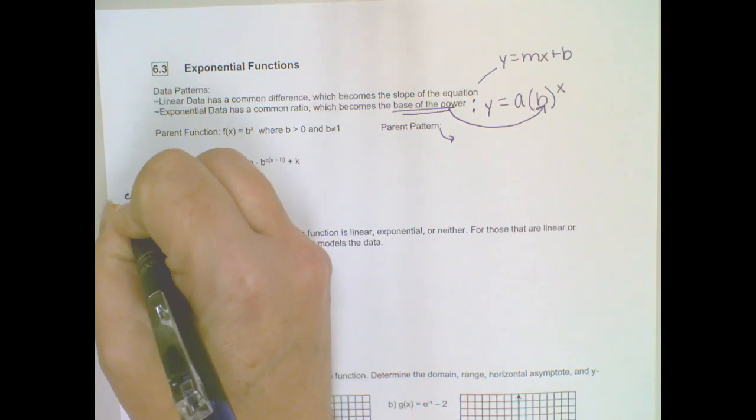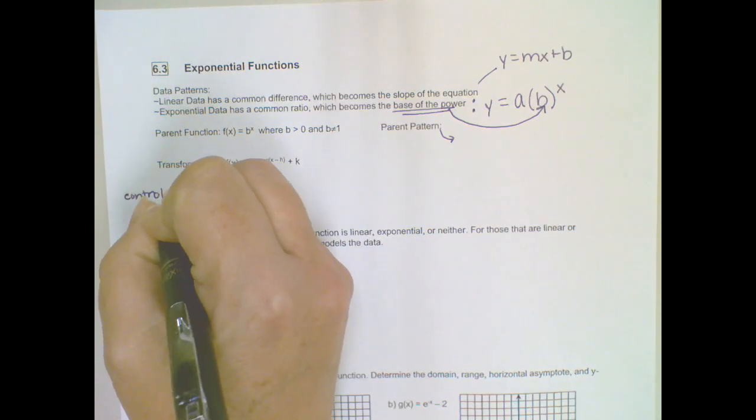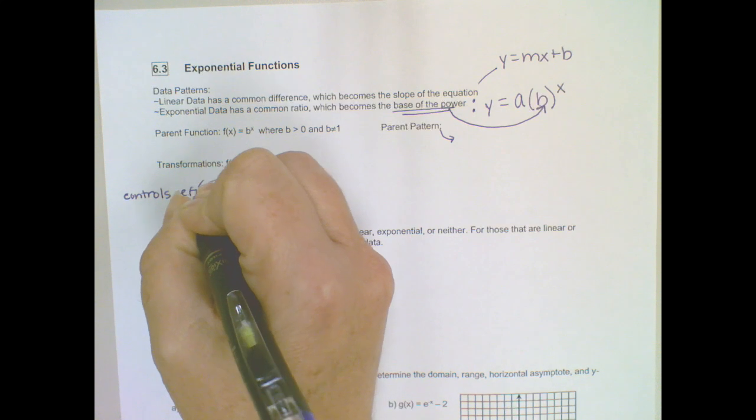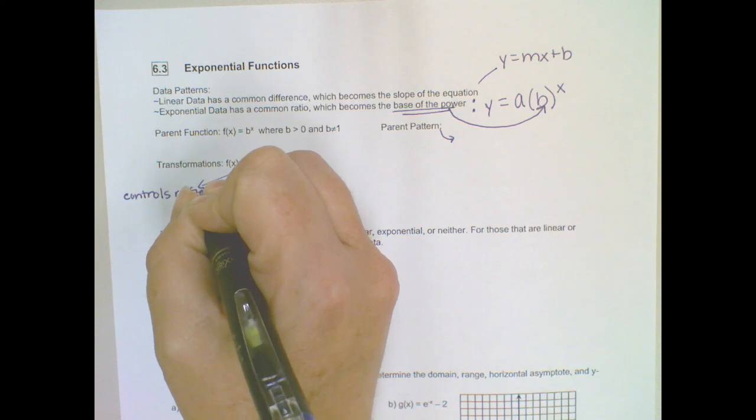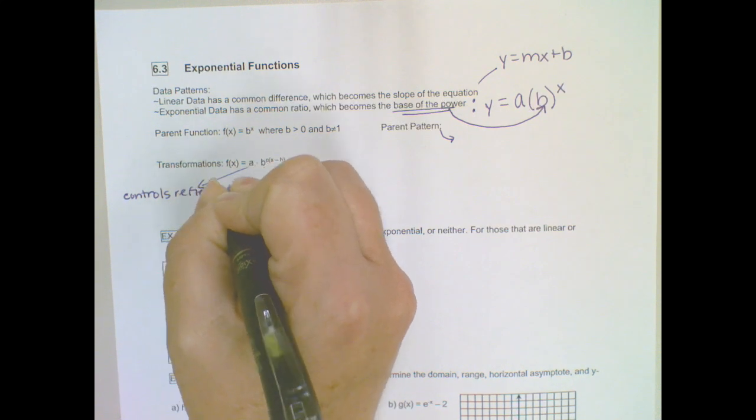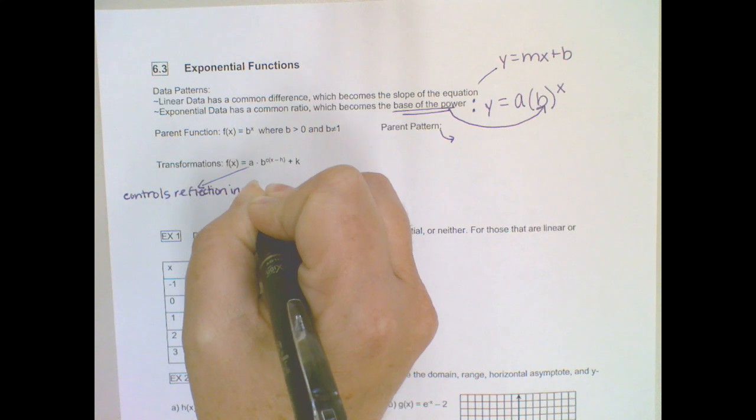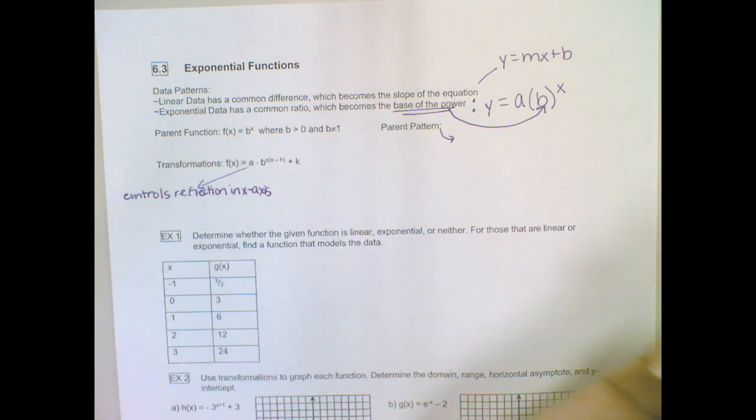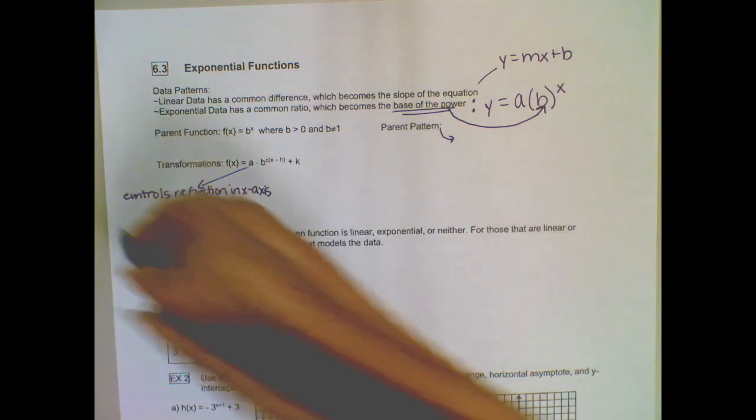So a controls reflection in the x-axis if it's negative, right?